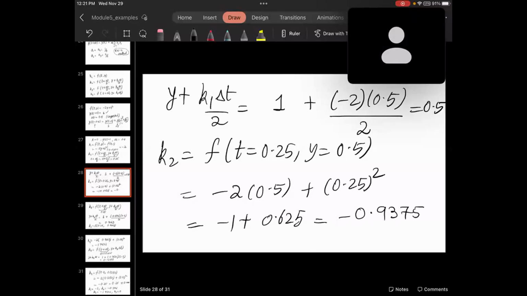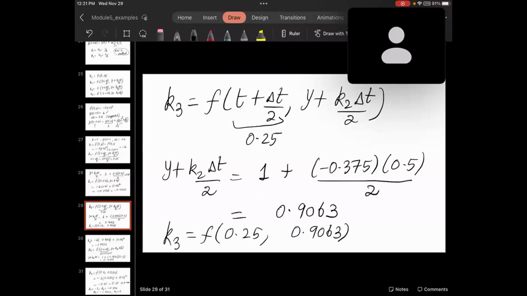Correct. Minus 0.9375. So the K3 value gets affected because I used the wrong value. So I need to go back and write minus 0.9375. If I fix that, that would be 1 minus 0.9375 times 0.5 divided by 2, which is 0.7656.